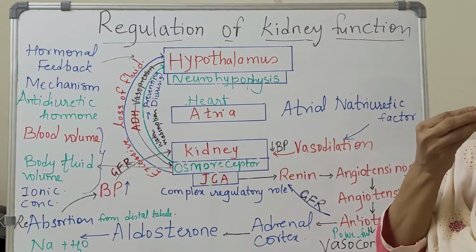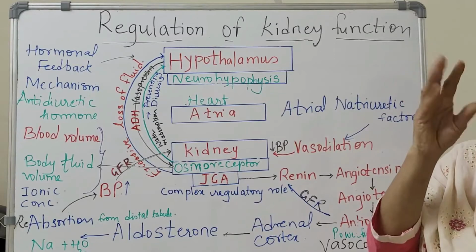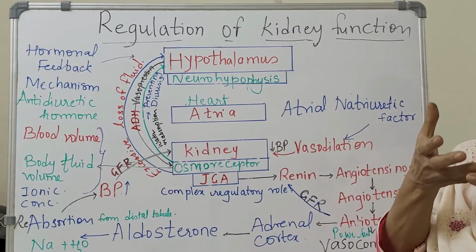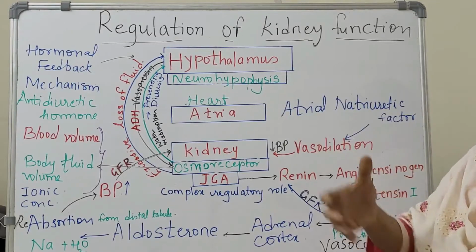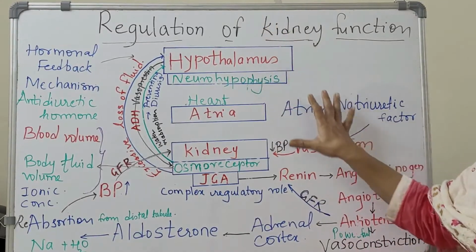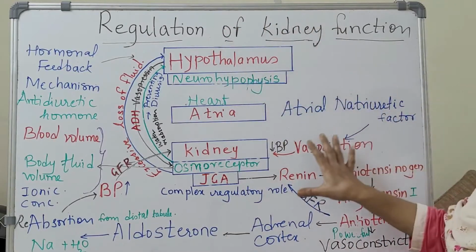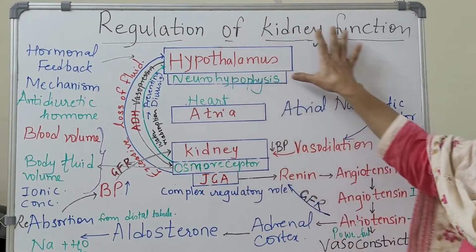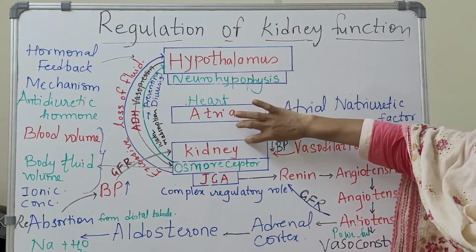But if you drink less water, less urine will be given, but the concentration is more. So all this is maintained by this complex process, regulated in the kidney by the hypothalamus, atria, and kidney.